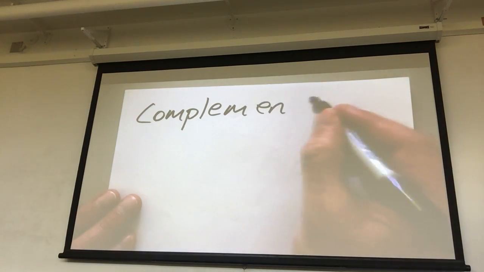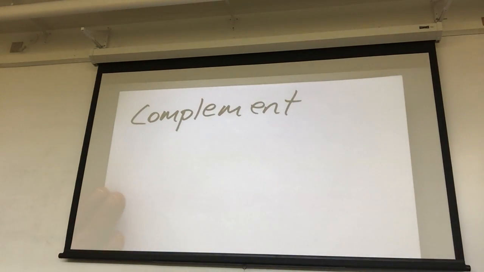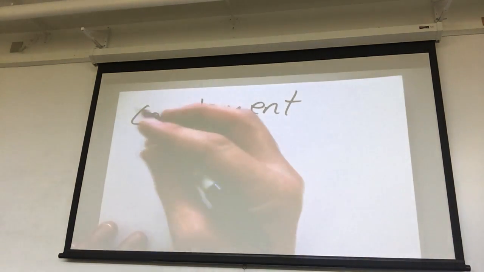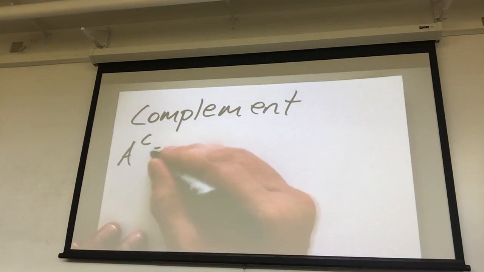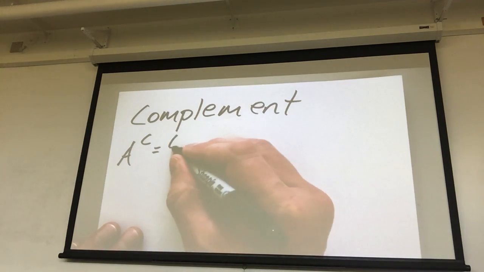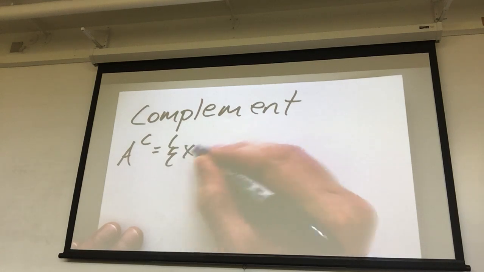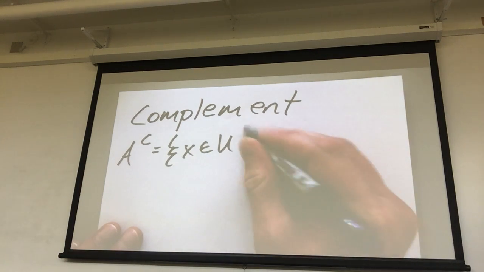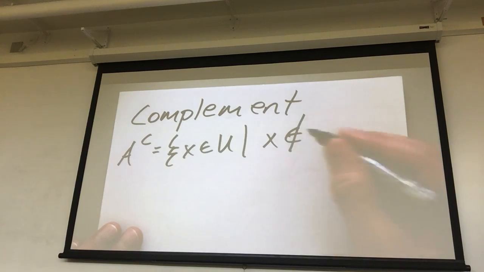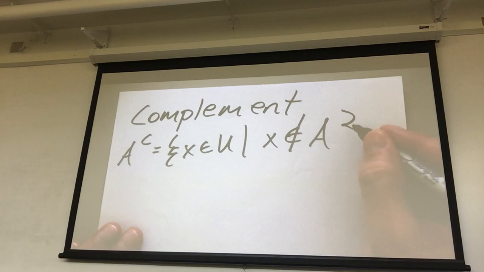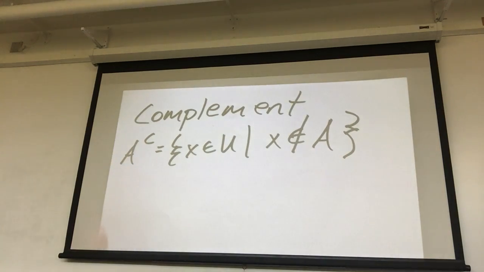If you go into a statistics class, the complement will not be described as A to the C, but in this class it will be written like this: A sub C, such that X is in U and X does not equal A, and actually that dash symbol can go either direction.